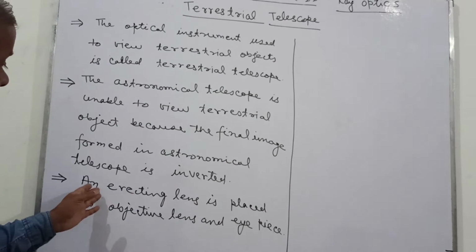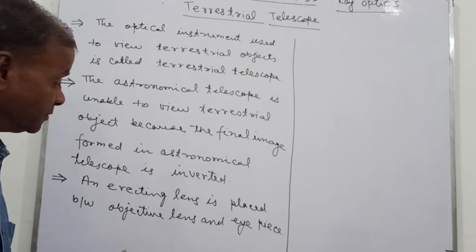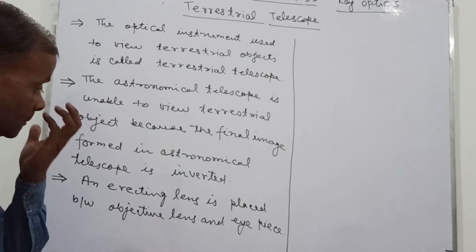The image formed by this erecting lens is always erected, because of that it is named the erecting lens.